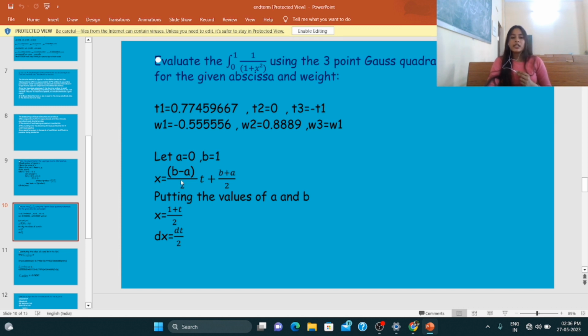x equals to b minus a whole upon 2 t plus b plus a whole upon 2. On putting the values of a and b in the above equation, we get x equals to 1 plus t whole upon 2, that is dx equals to dt by 2.